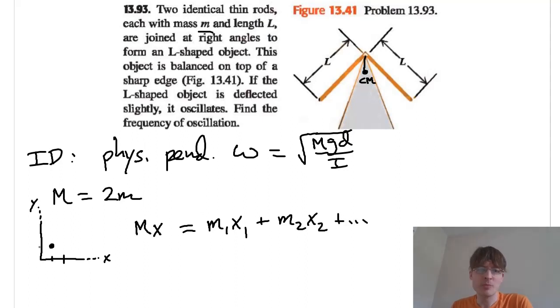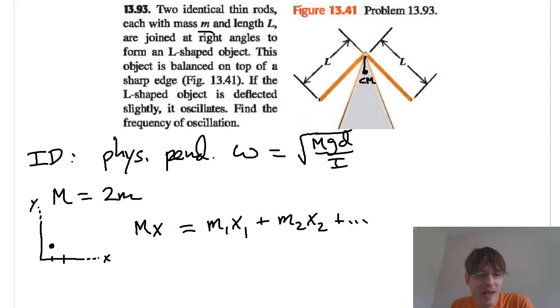In our object, there are only two parts, so only two terms. Notice this is kind of like momentum, where to figure out the total momentum of the system, you add the mass times velocity of each projectile. Here it's mass times position to find the center of mass of the whole thing.